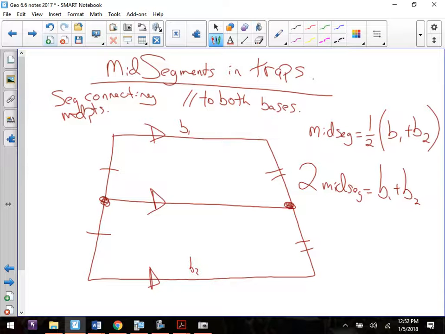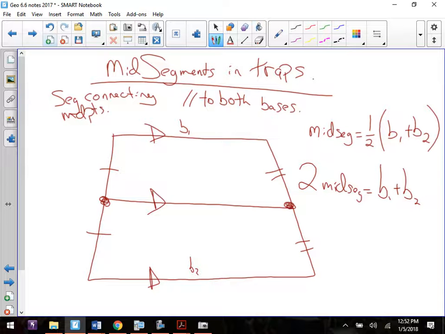It looks really similar to what we did. We've done a lot of problems where you've taken halves of something and you just flip it around. You've done this about 3 or 4 different times throughout this semester.